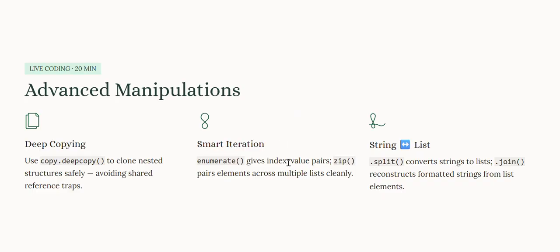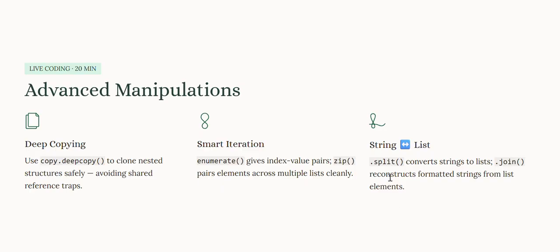Enumerate gives index-value pairs. Zip pairs elements across multiple lists cleanly. Okay. Split converts strings to lists. So split is used for converting strings into lists. Like you got a string and you want to convert it into a list, you can use split there.